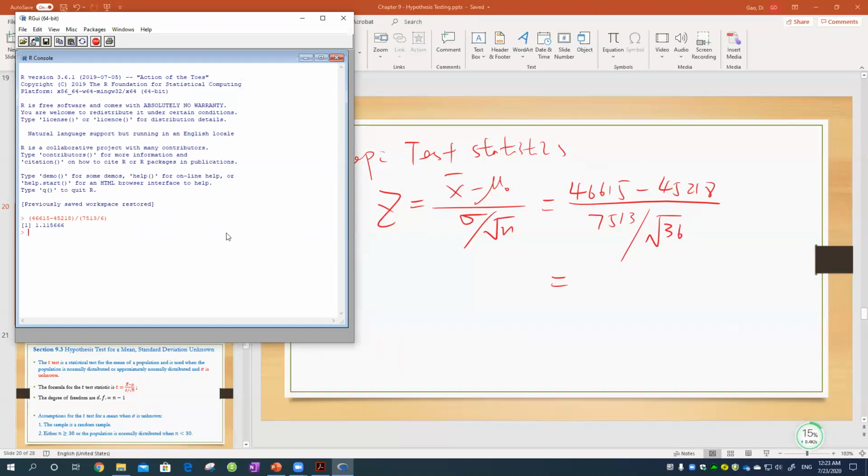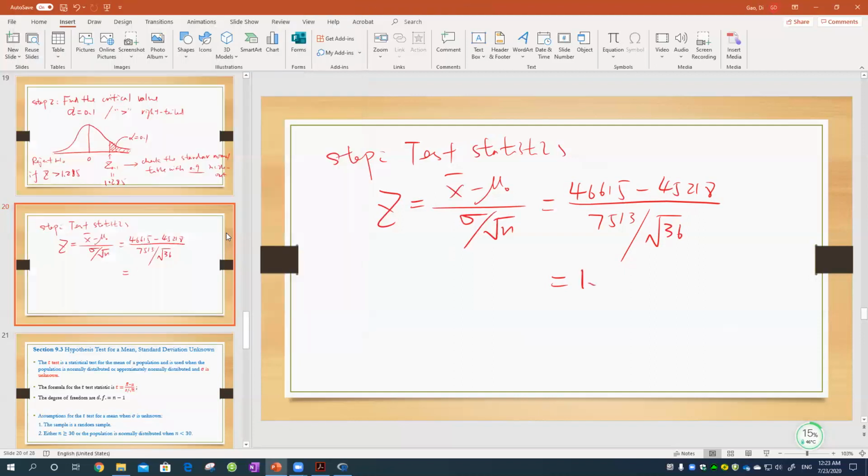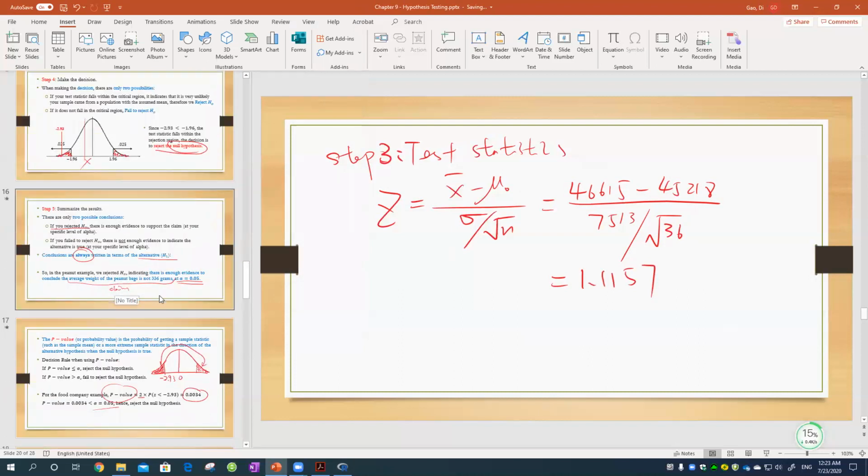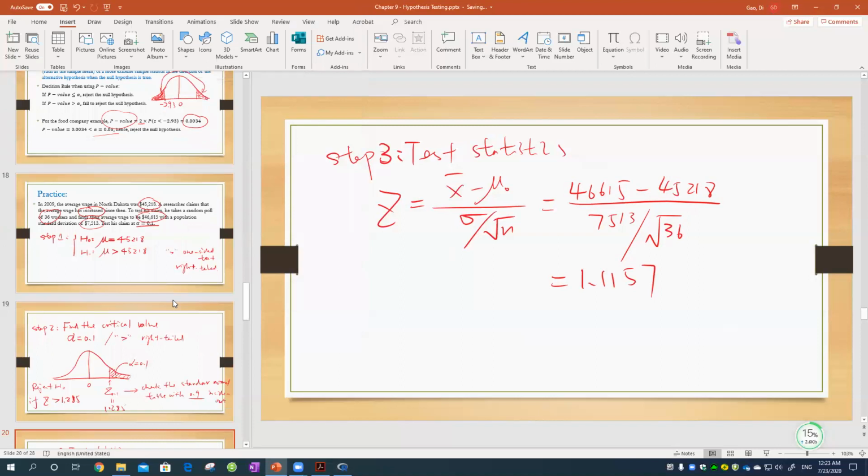Okay, we got 1.1157. That's the test statistic. That's step 3. And then step 4, we're going to make the decision.